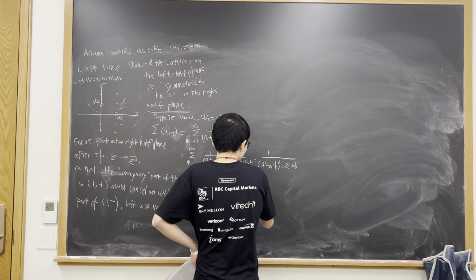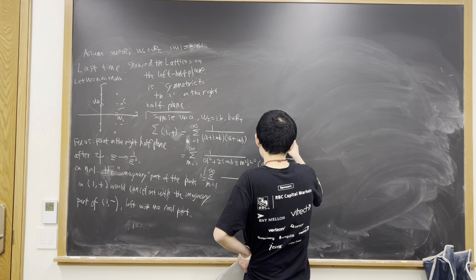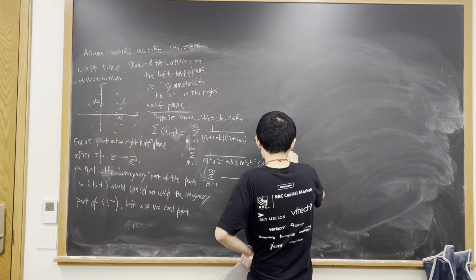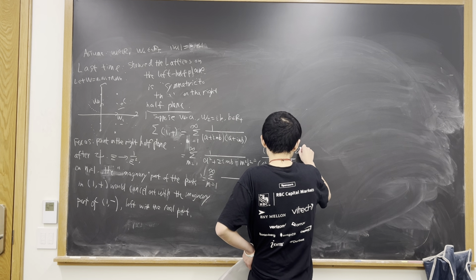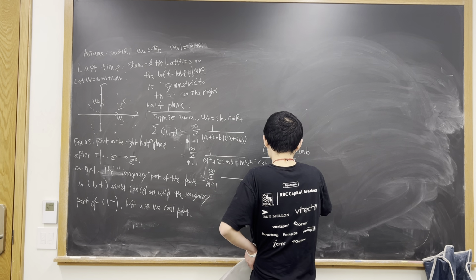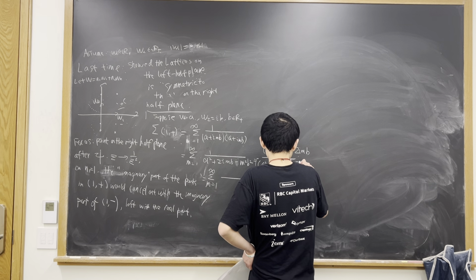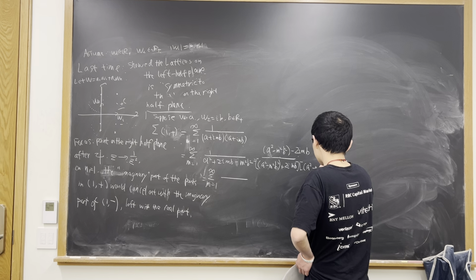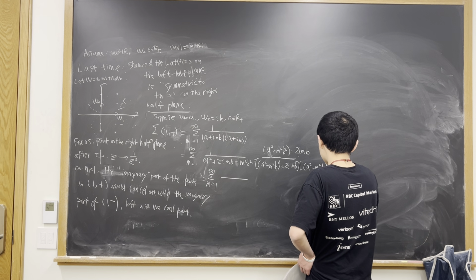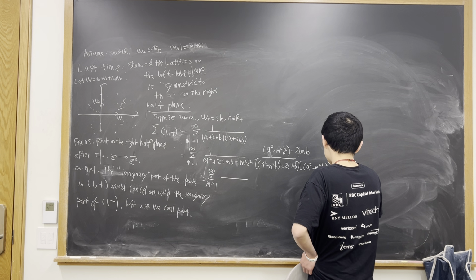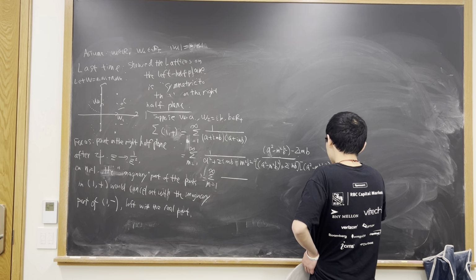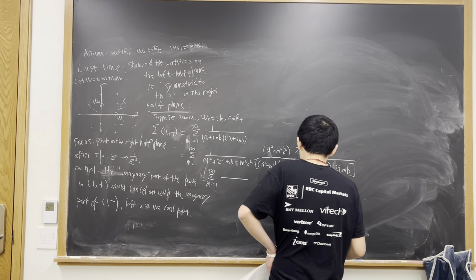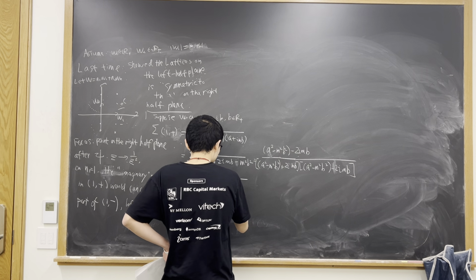So now I multiply both sides by the conjugate. So I get this one squared, right?